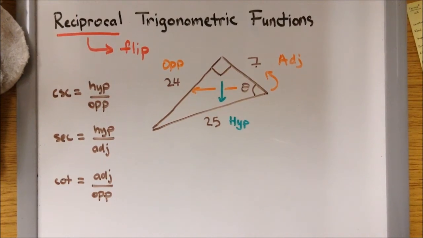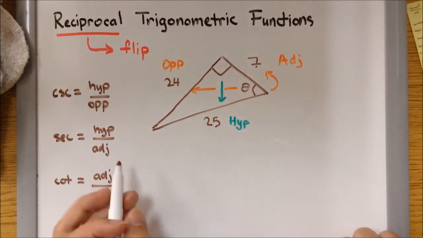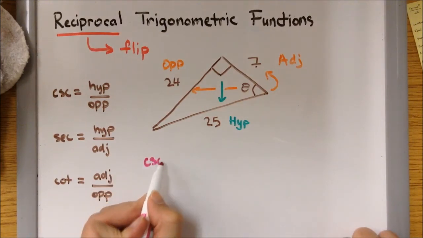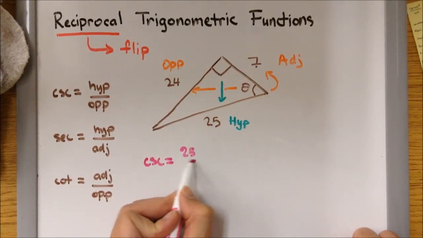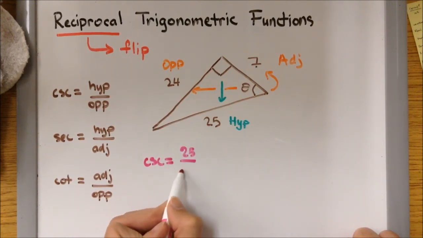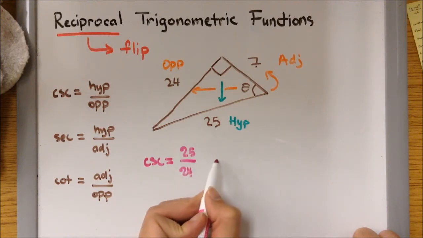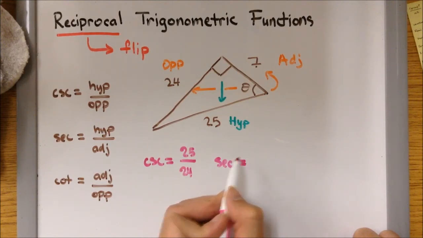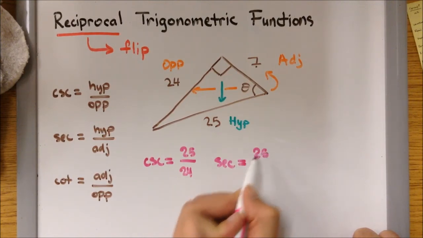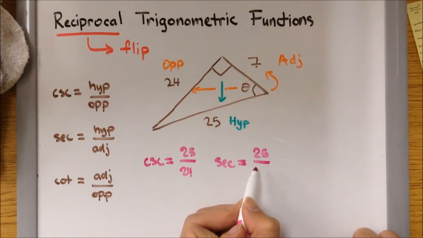Alright, so now we're going to do the reciprocal ratios by following these definitions. So, cosecant, CSC, hypotenuse is on the top, so 25 will be on the top. My opposite will be at the bottom, which is 24. Next is secant. What's on the top is my hypotenuse, so 25 again. What's on the bottom is adjacent, which is 7, so 7 is going on the bottom.